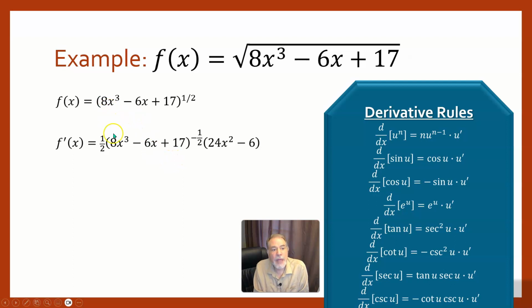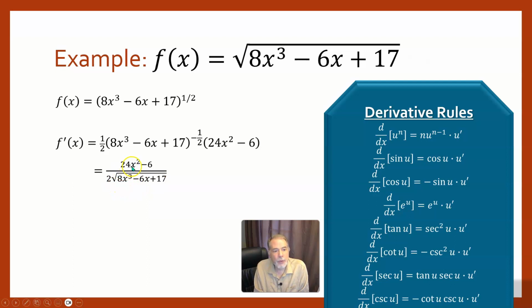So the derivative of 8x cubed minus 6x plus 17 is 24x squared minus 6. Now we could write this, turn it back into a fraction. On top we would have 24x squared minus 6, and on the bottom we would have the 2, and since this is to a negative 1/2 power, it's like the square root in the denominator.